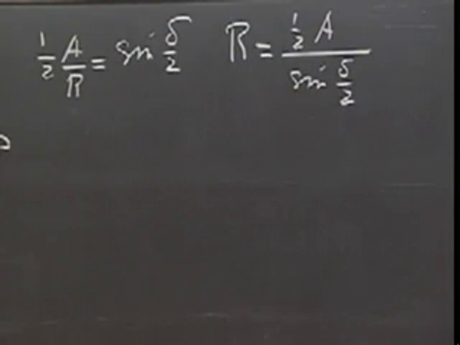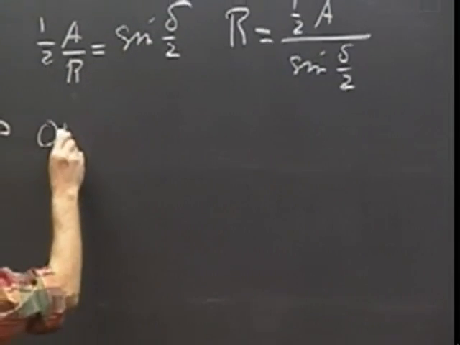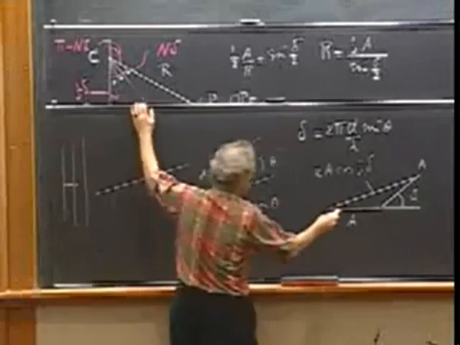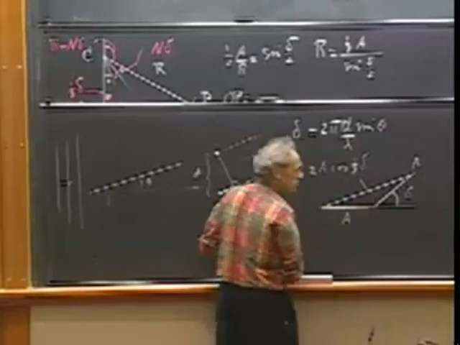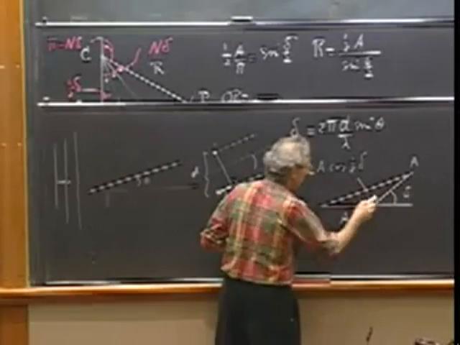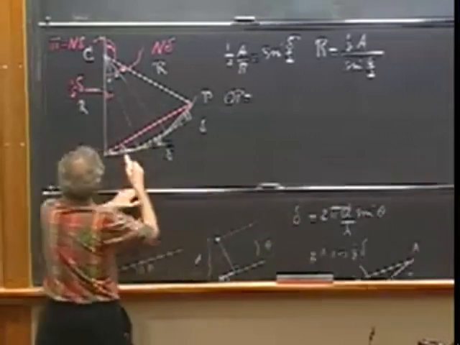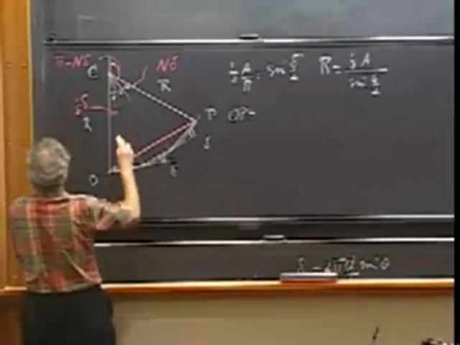So I'm really interested in OP. And now I'm going to use this knowledge. I have a triangle. I know two sides, and I know this angle. Then I can calculate this one. I know two sides. This is r, and this is r.